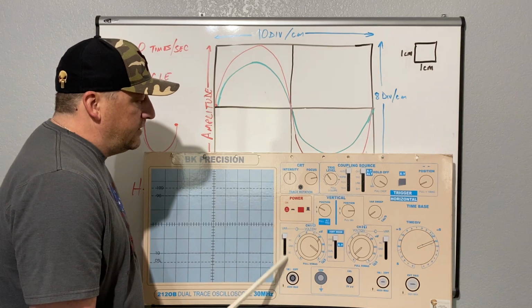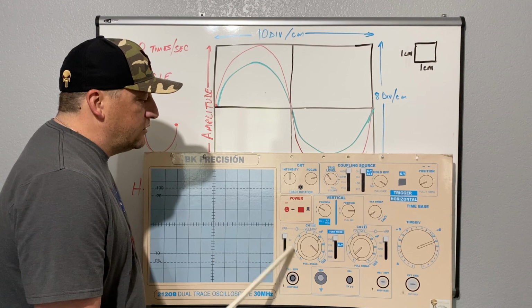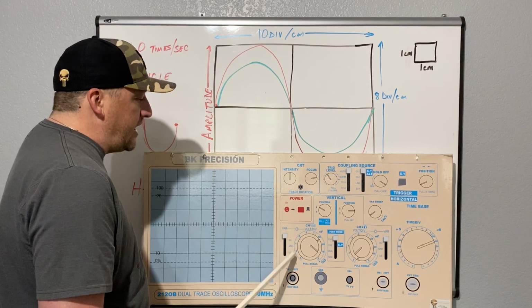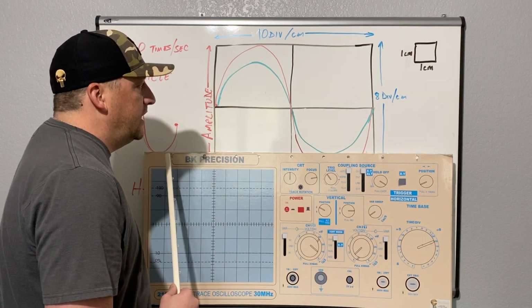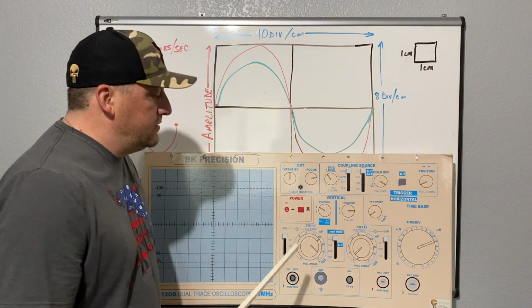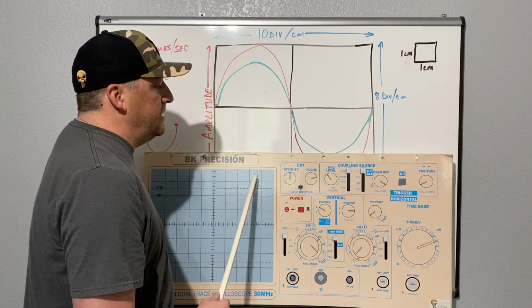Now, over here on this side, you've got a switch. If you're looking for AC voltage or DC voltage, that's what you select here. This ground setting is going to give you a straight line across the screen. You'll get that flat line across the screen, if you will.